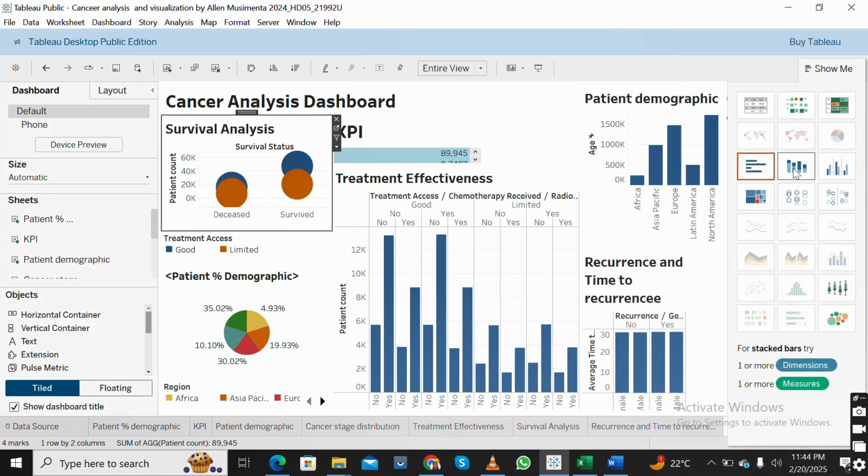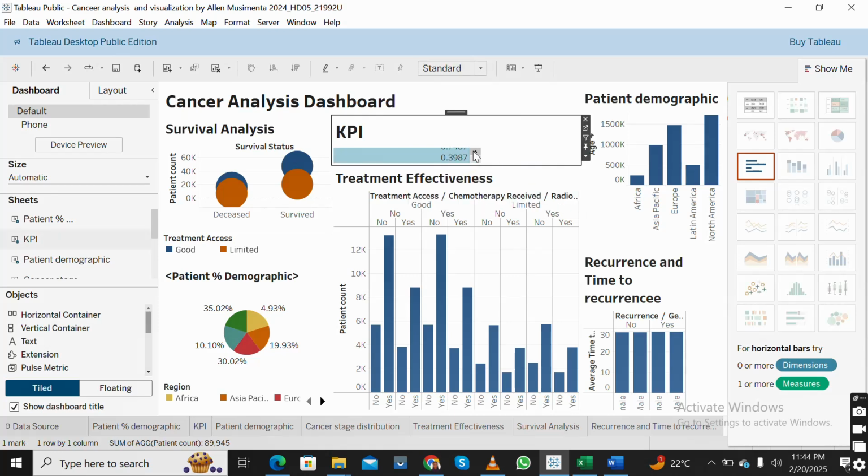So we have used the stacked bars, the side-by-side bars, I used the pie chart, and I used the horizontal bar graph. So these are the different shapes that we have, including the KPIs, which are in small size but they're visible.